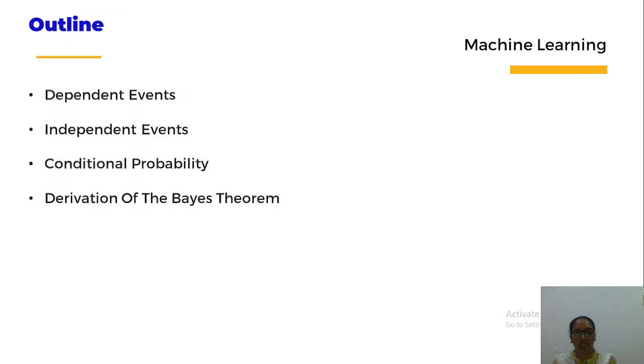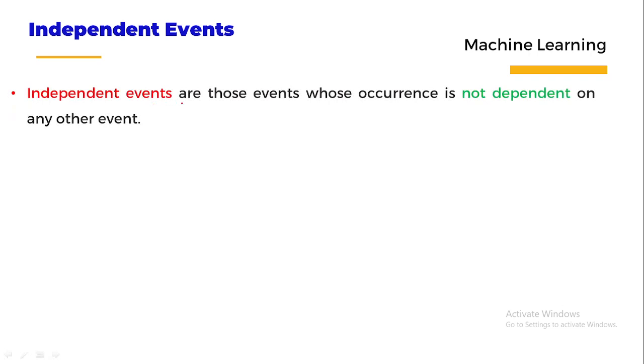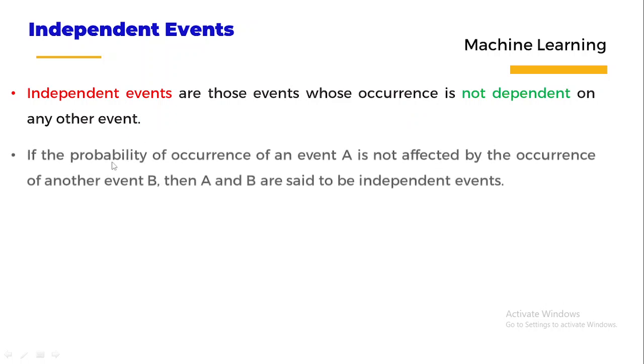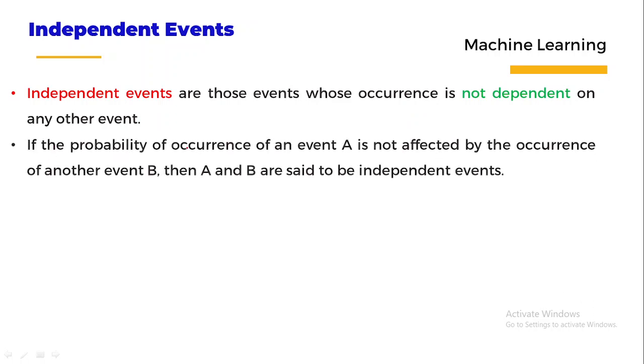So let's get started. First we will see what is an independent event. Independent events are those events whose occurrence is not dependent on any other event. Or we can say if the probability of occurrence of event A is not affected by the occurrence of another event, that is B, then A and B are said to be independent events.